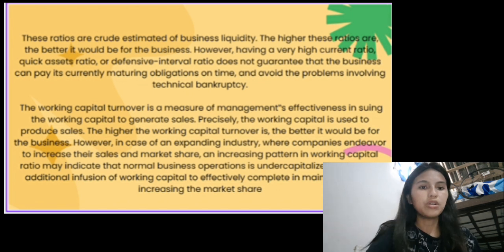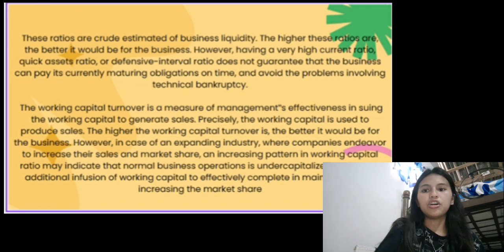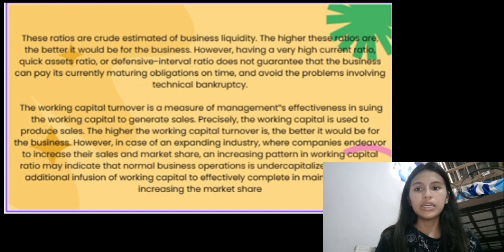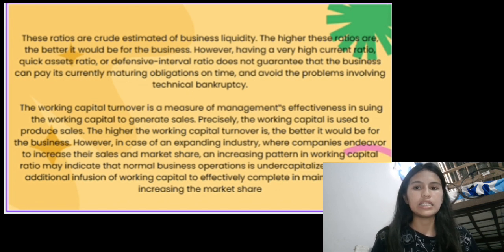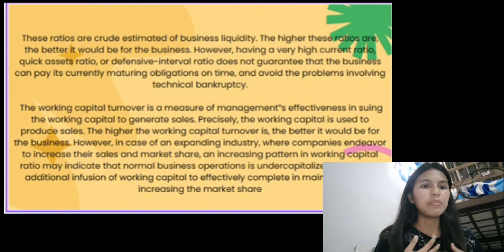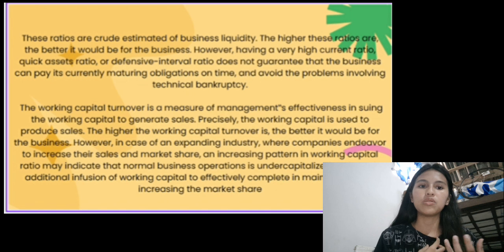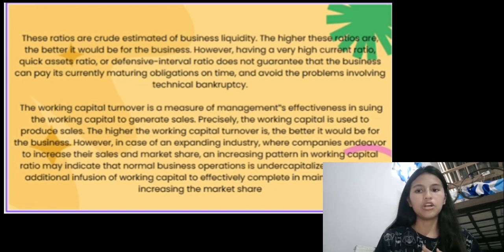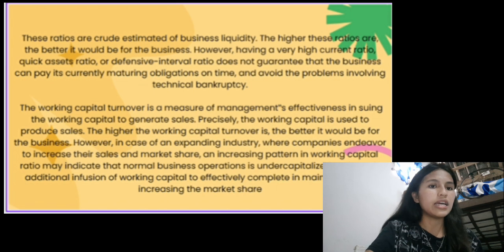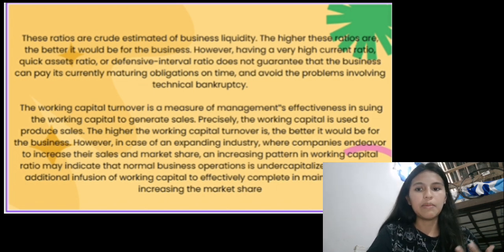So, the higher working capital turnover ratio indicates a company is effectively utilizing its working capital to generate sales. So, once na may higher tayong ratio, mas maganda siya sa isang business para makatulong sa sales ng company or para tumaas yung sales niya.